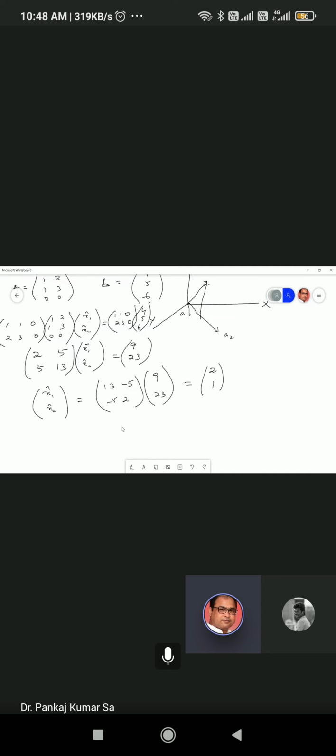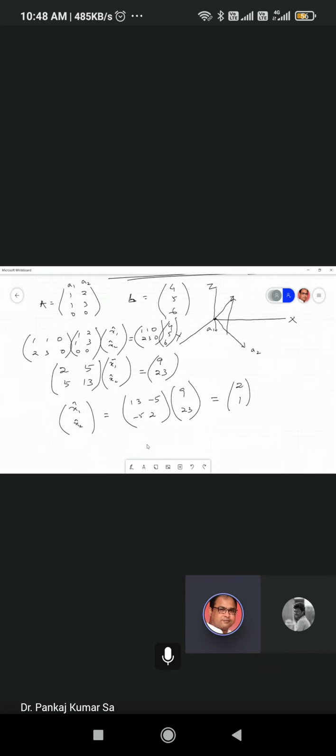Isn't it? So if we see this value, this is where the entire thing is. 0 0. Ax equal to b, right? That is what we write, Ax equal to b.